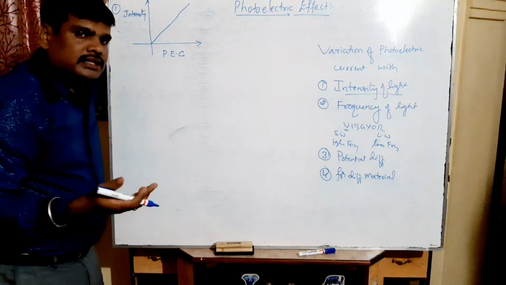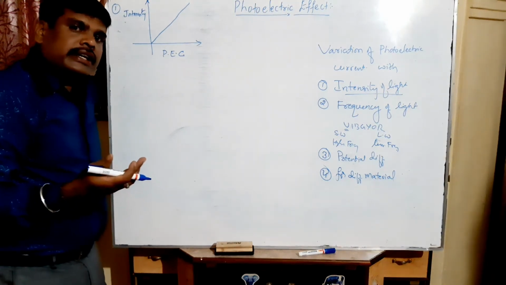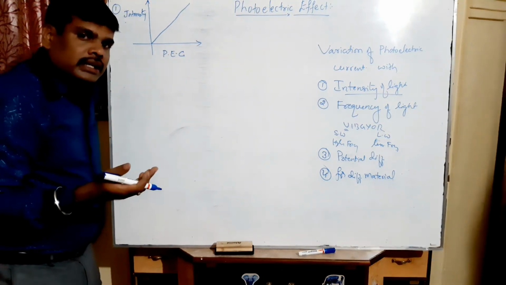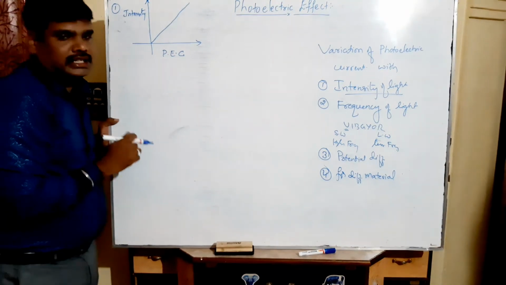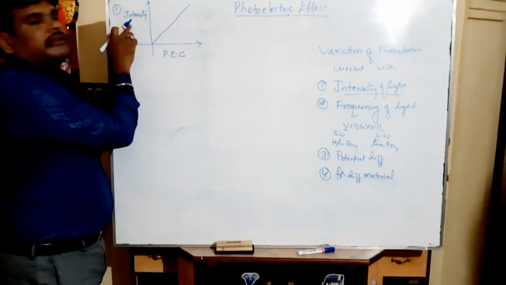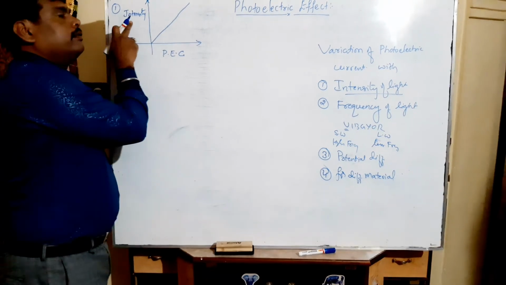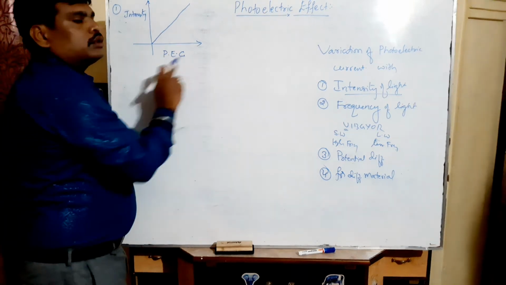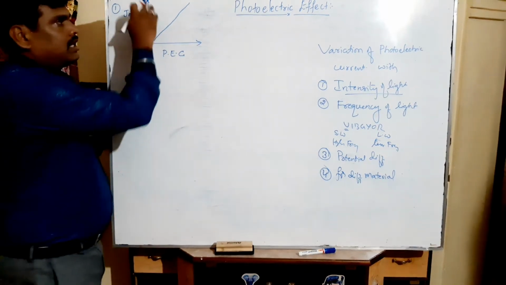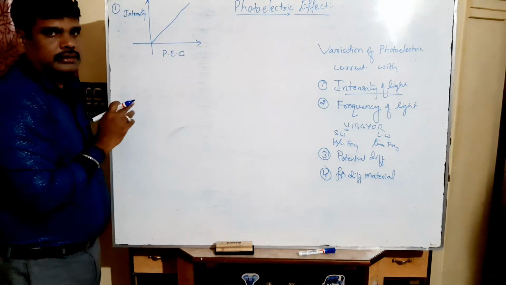It means I can say that when the intensity increases linearly, the photoelectric current also increases linearly, as shown in the graph, isn't it?